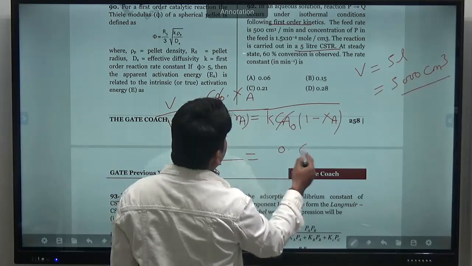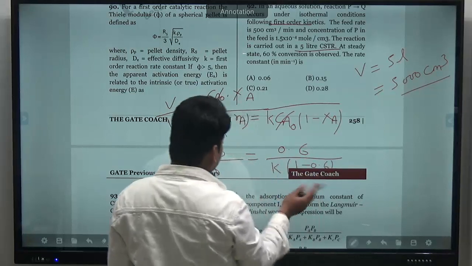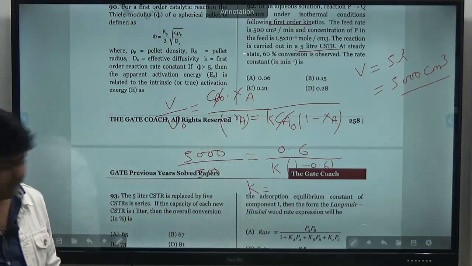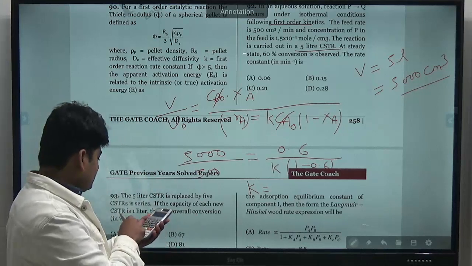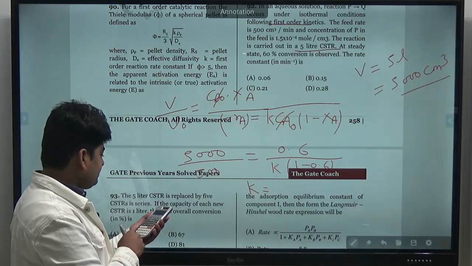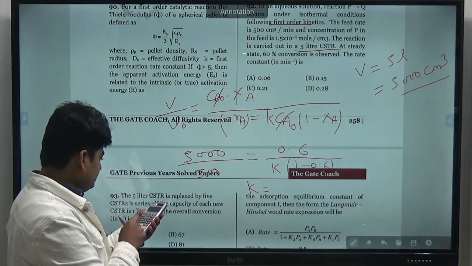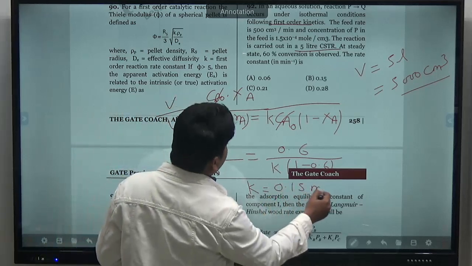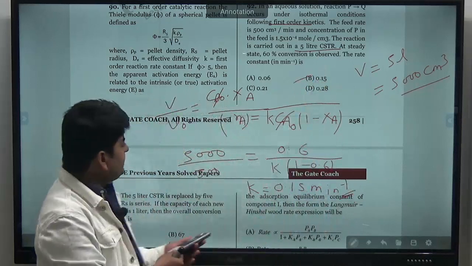When you solve this, you will get K, that is 0.15 minute inverse. Option B is the correct answer.